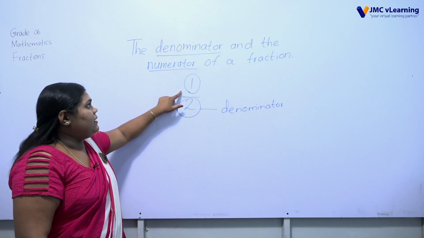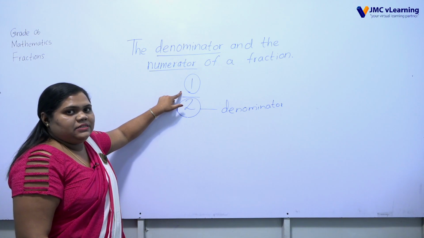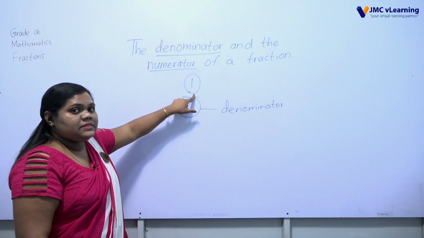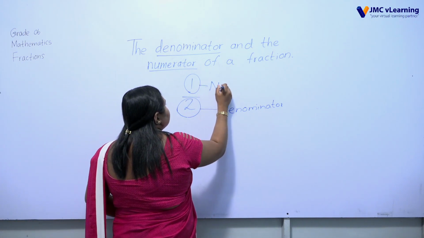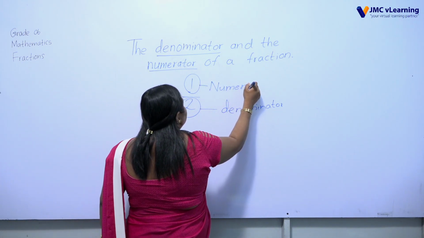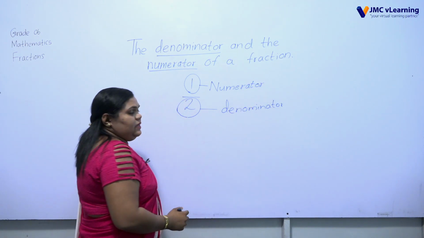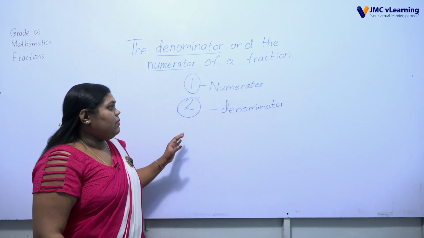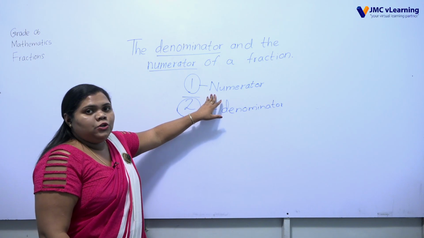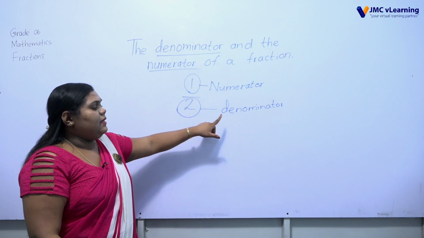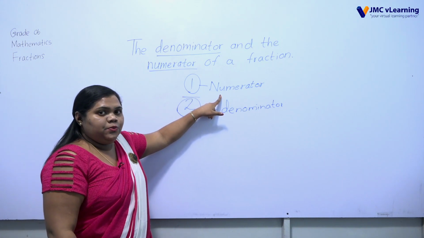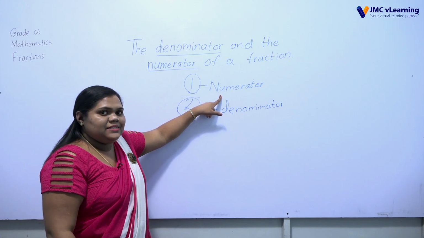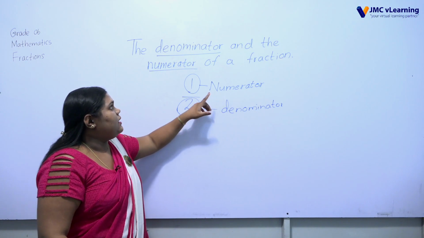We can call this number numerator. Okay, I think now you are clear about denominator and numerator. The down number is the denominator, and the up number we can call numerator. Are you clear, children? Okay, good.